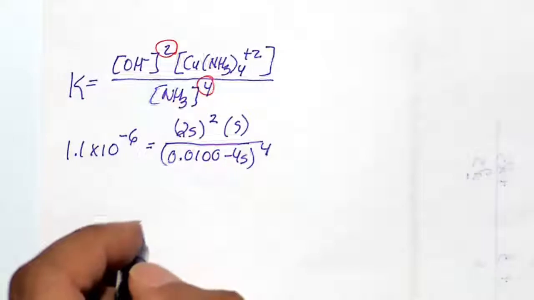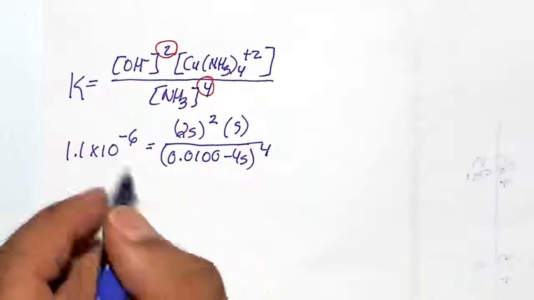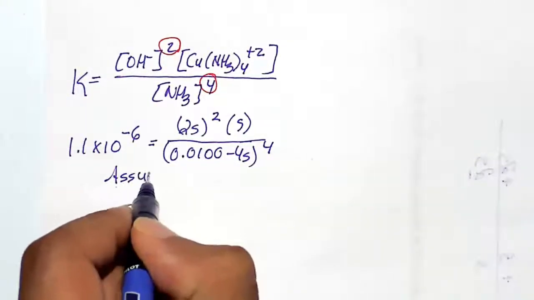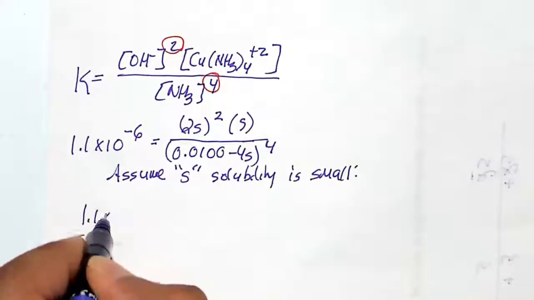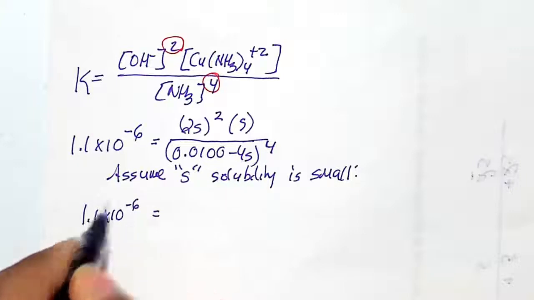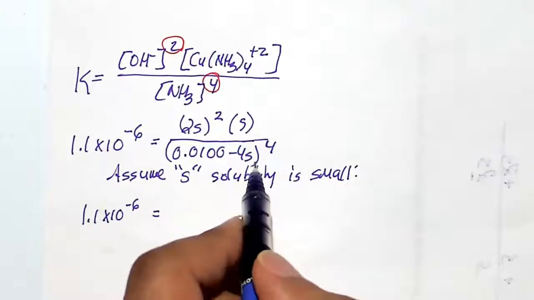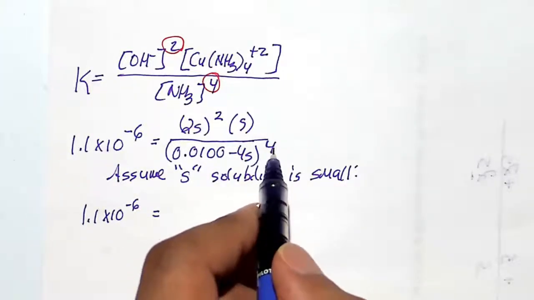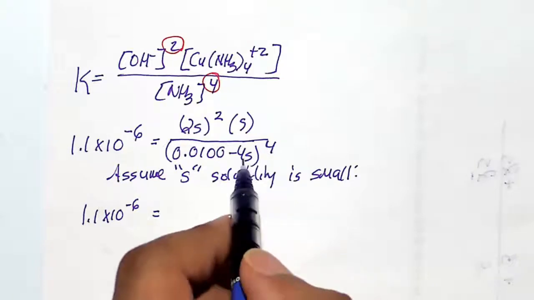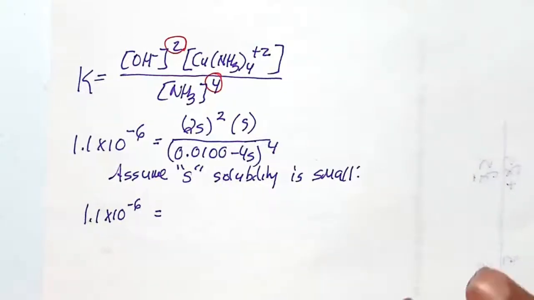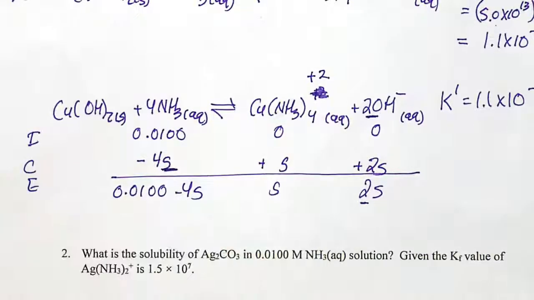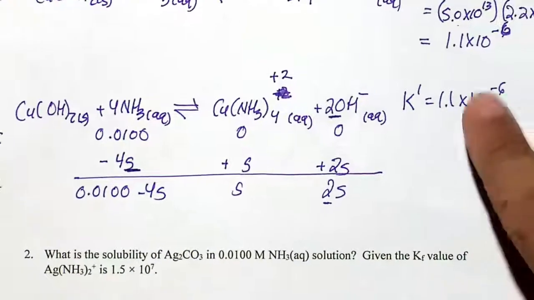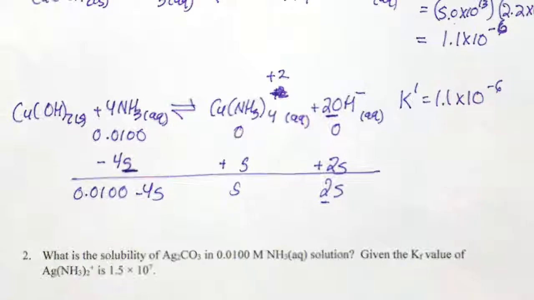So now let's solve for s, or solubility. I'm going to assume s is small. We have 1.1 times 10 to the minus 6, and I'll just remove that to the power of 4, and I'll remove that 4s. Essentially what I'm doing is saying that this minus 4s, that s term, is going to be insignificant because I have a K value of 10 to the minus 6.